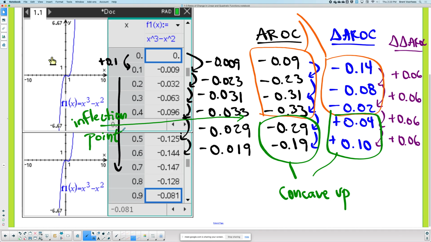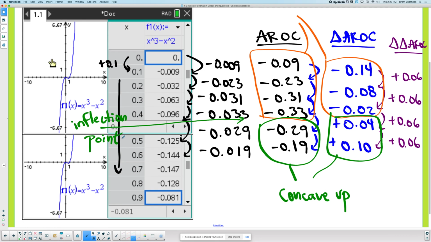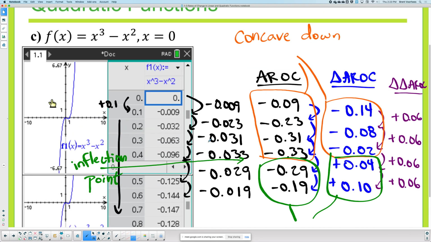Now, have we talked about inflection points in your class? So when you switch from concave up to concave down, that occurs between 0.4 and 0.5, which is where that inflection point was. So on the interval, if you were going to write this in, it was concave down. I should have written this as an interval.